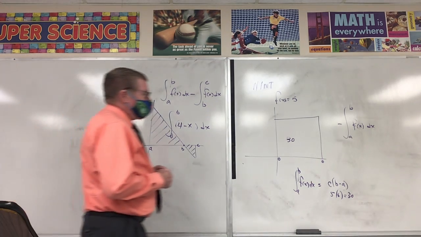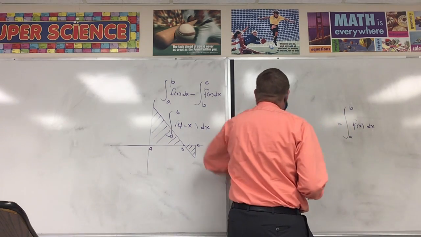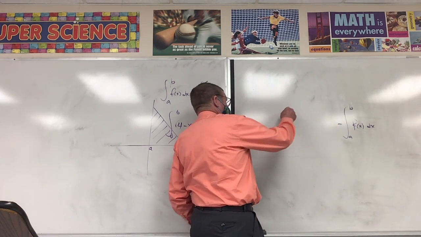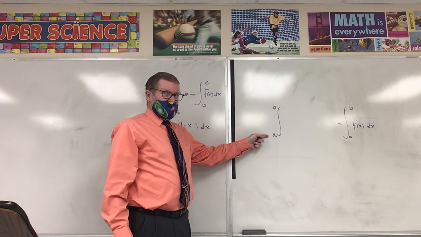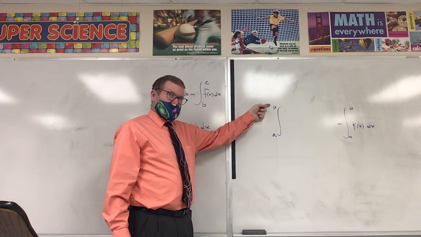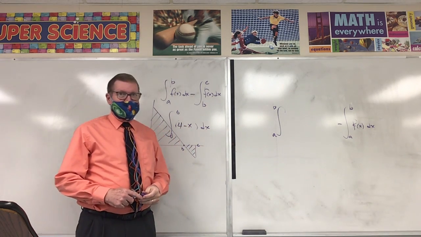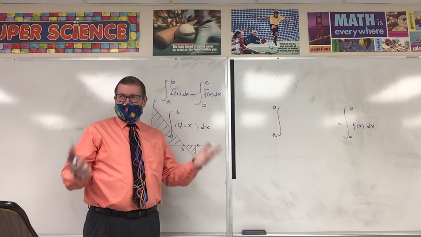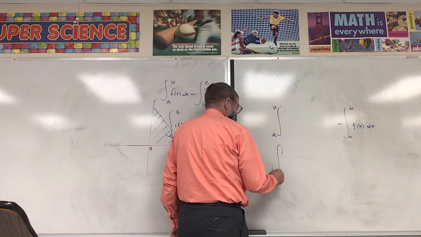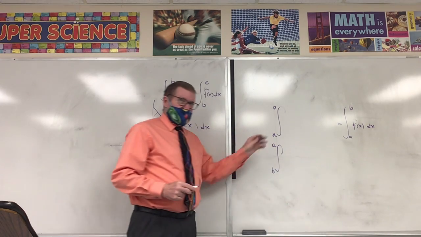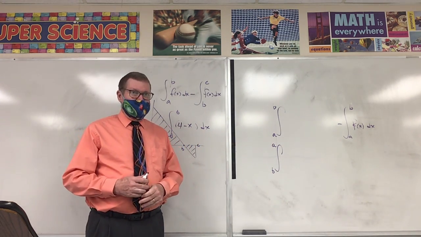Say for instance, normally our limits of integration go smallest to biggest. Smallest to biggest would normally give us a positive value. But if we switch these around, biggest to smallest, I get the same value but opposite sign.